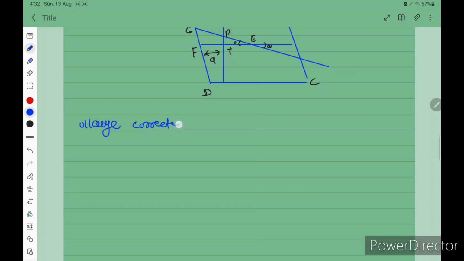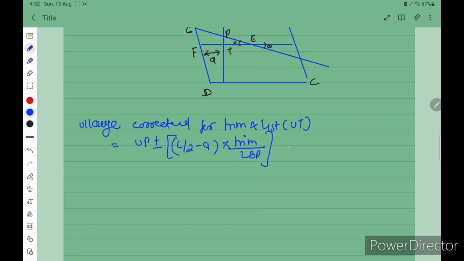Ullage corrected for trim and list: UT is equal to UP plus minus L by 2 minus A into trim by LBP, which is the list formula, plus minus B into tan theta. So the ullage when we measure by the radar gauge is 14.22.